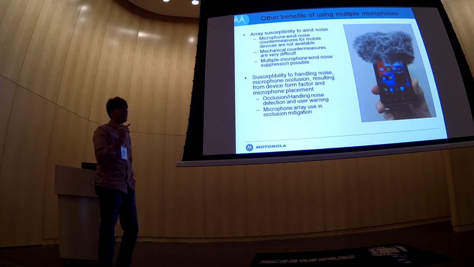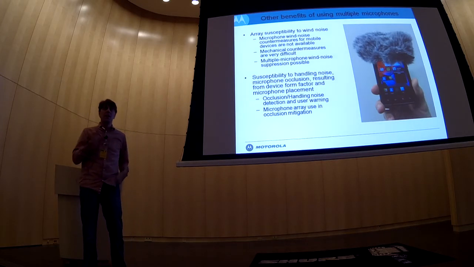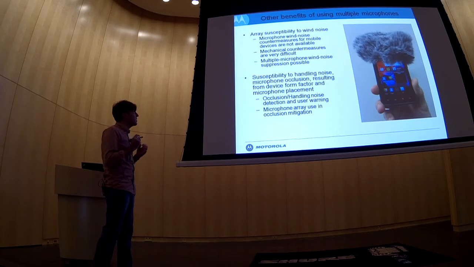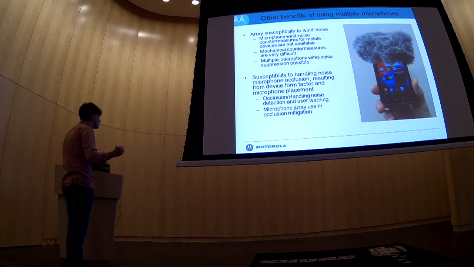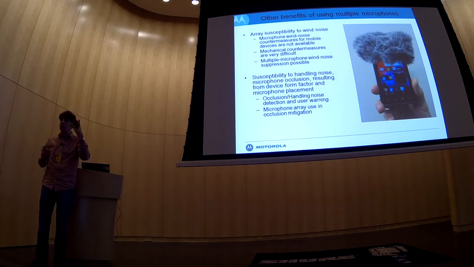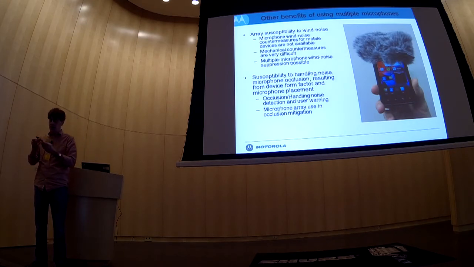Another problem that other people do not deal with, and by other people I mean people that design proper cameras, is the susceptibility of the device to handling noise and microphone occlusion. And all this results from the form factor. It's a very small form factor device. The user is not aware where the microphones are, and even if they were, they don't know what that means.